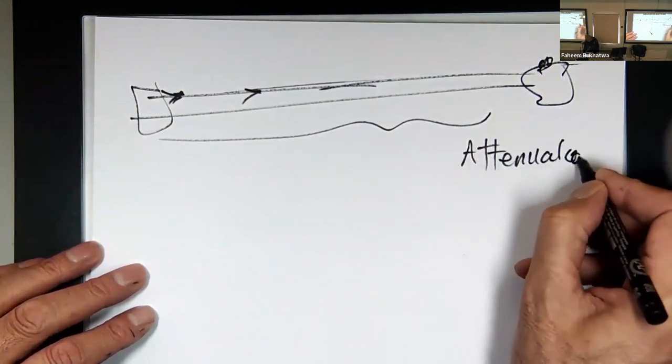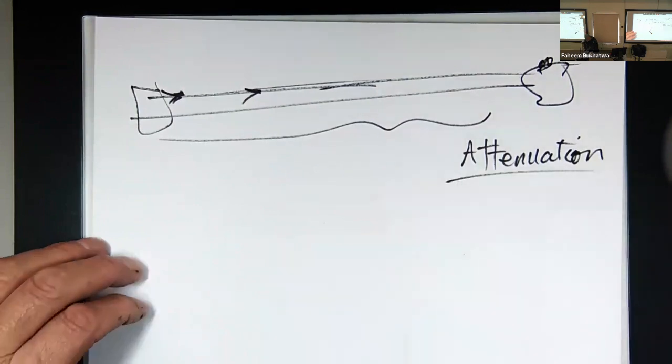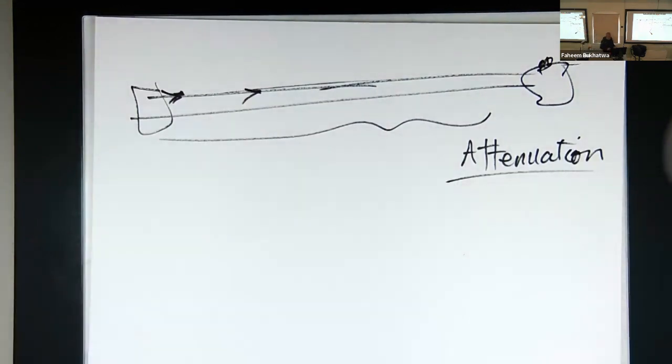Not the distance itself, but attenuation is the weakening of a signal. You start with a fresh signal of 5 volts, you send it over, it becomes 5, 4.5, 4, 3, the voltage is dropping to a point that it is no longer recognizable by the receiver.